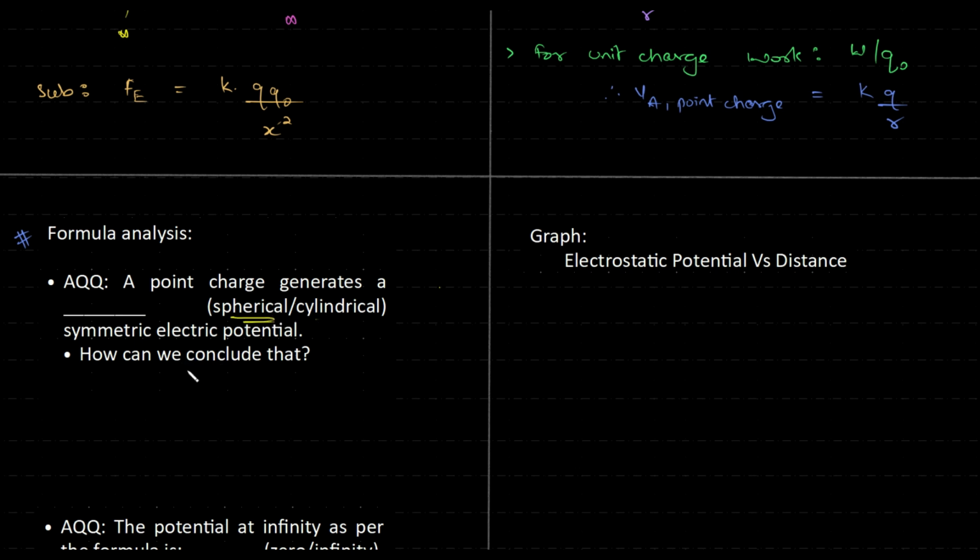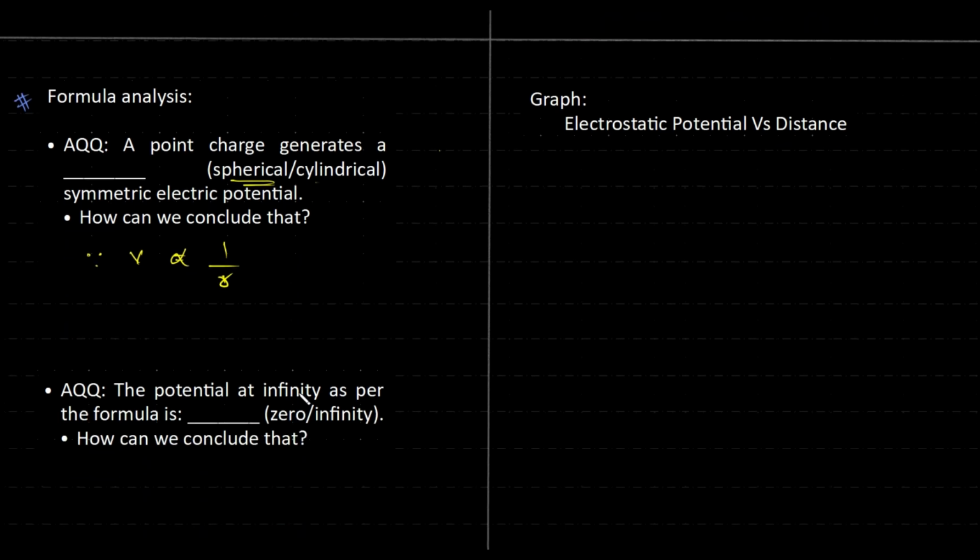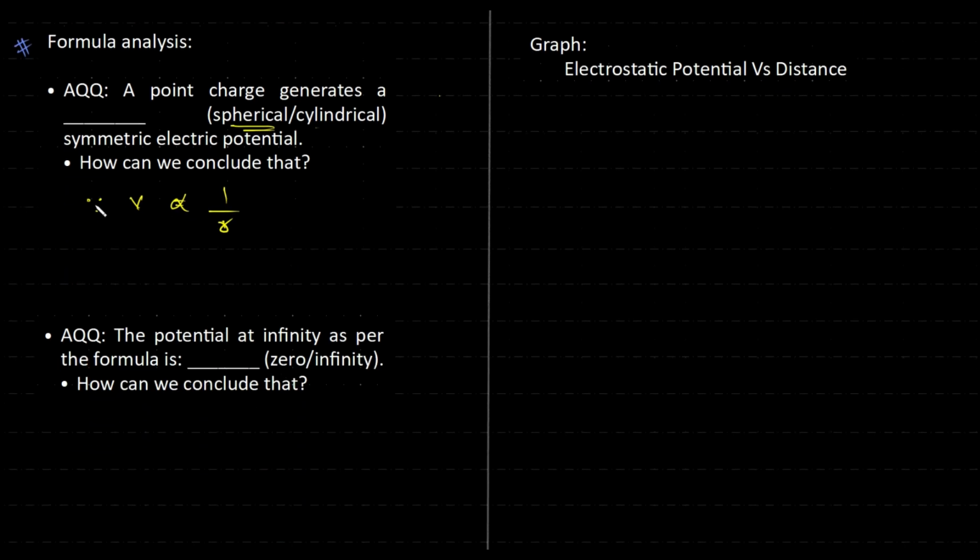But how can we come to this conclusion looking at the formula? Because potential is proportional to 1 by r. Because of that, we will be able to come to this conclusion.